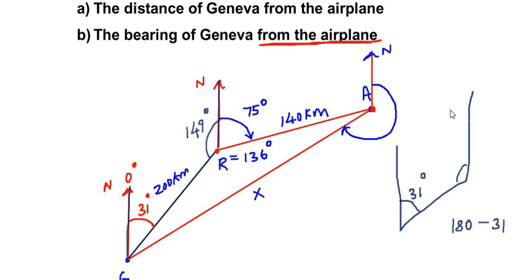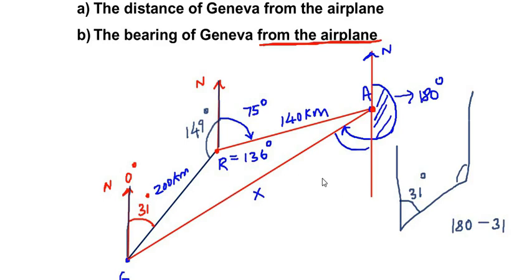Now to find this, what we can think about is, if I extend this line, this complete angle is 180 degrees. So we have got it as 180 degrees. This is found. And somehow if I find out this angle, I can add it with 180 degrees and get the complete bearing.